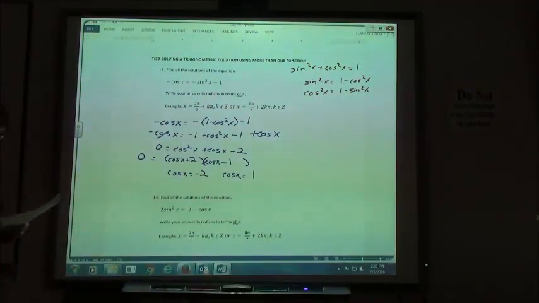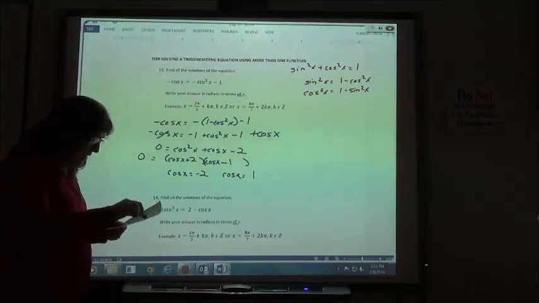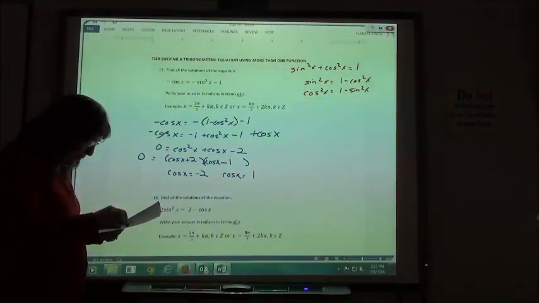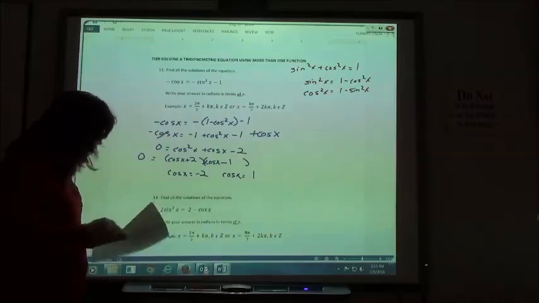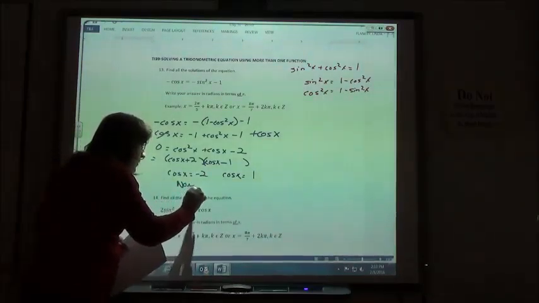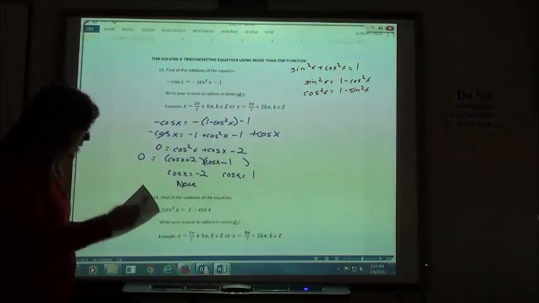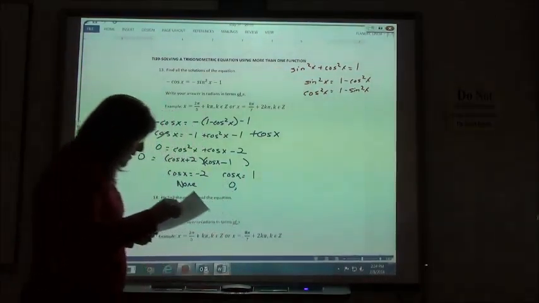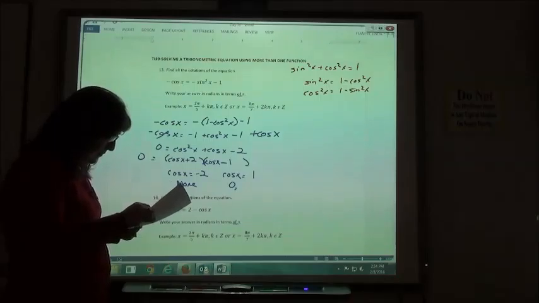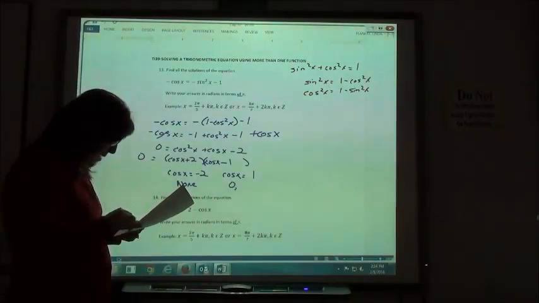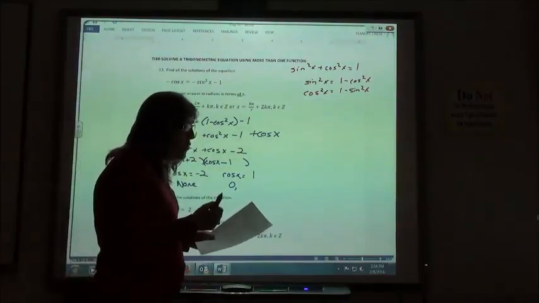So looking for the negative 2. Cosine of x equals negative 2. If I look down my list, there are none for that one. Cosine of x equals 1 at 0, just at 0 and 2 pi.